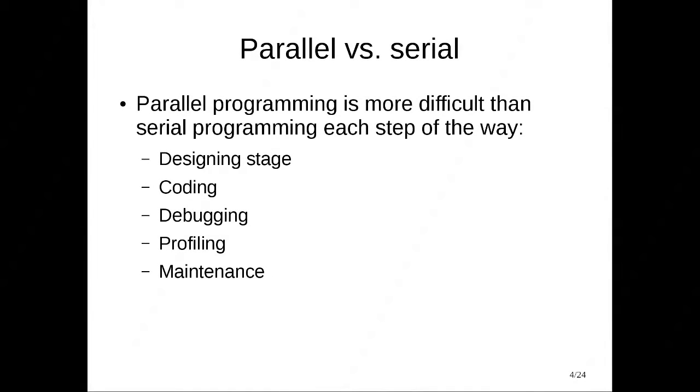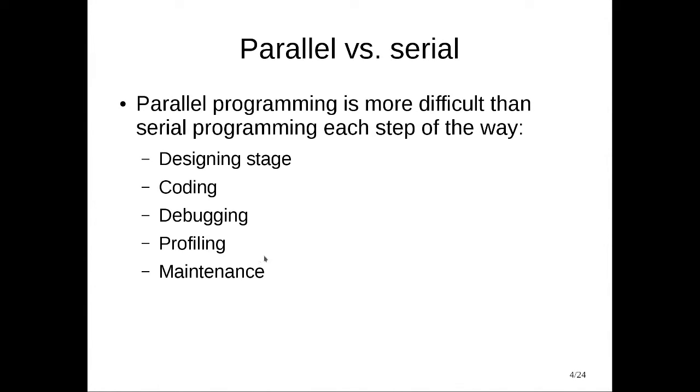Most of you are probably familiar with serial code debugging if you did any code development. Normally people have some serial programming experience before they start dealing with parallel programming. So you know the main stages required for code development, whether serial or parallel: a designing stage, coding stage, debugging stage, profiling, and maintenance.